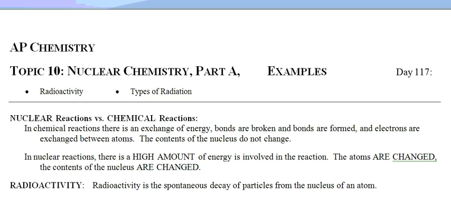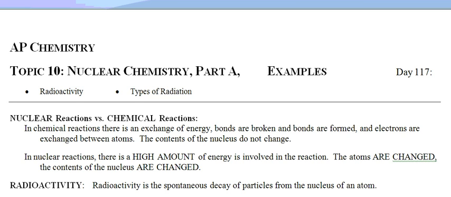But in a nuclear reaction, the nucleus is not the same. In other words, protons are being converted into neutrons, and neutrons can be converted into protons. Things are changing. So don't try to put a nuclear reaction and a chemical reaction in the same category, because there are two completely opposite things going on here.